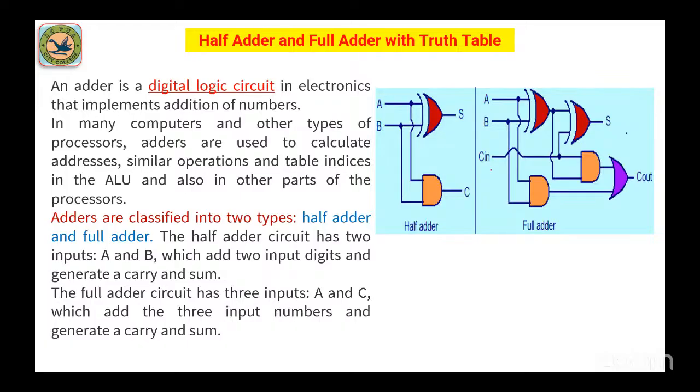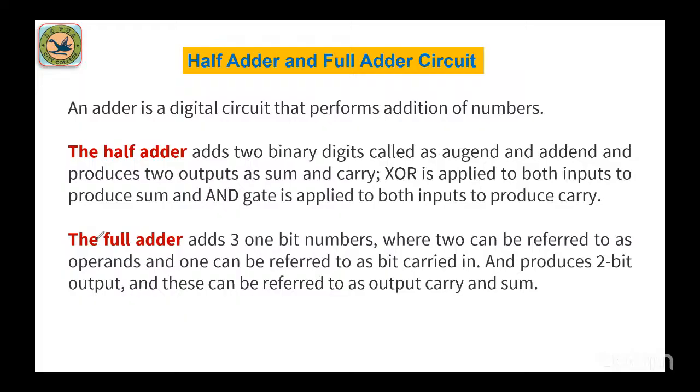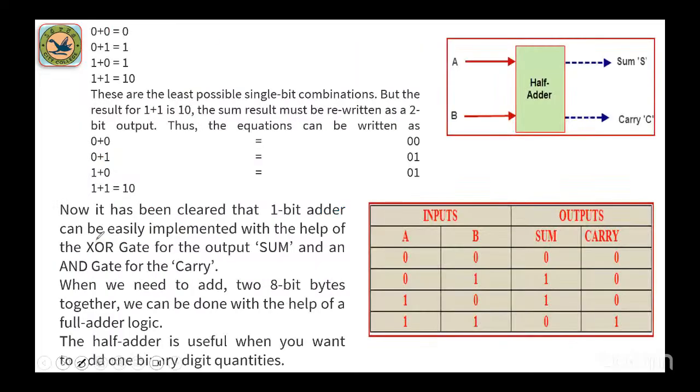So in a full adder, there are two XOR gates and two AND operators. By adding these, you get a full adder, which generates the sum as well as the carry. You can see sum and carry.